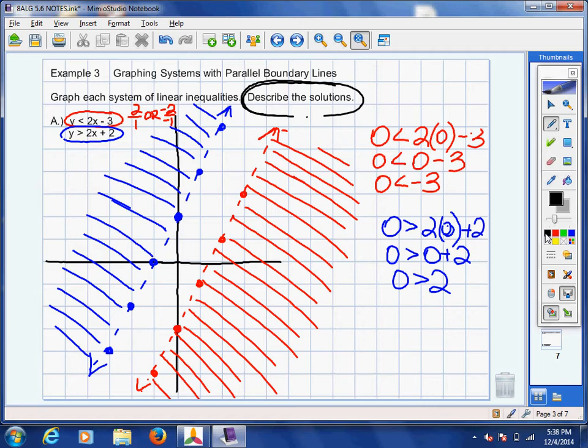Do any of our shaded areas overlap? And the answer is no. Do our lines overlap? No, because they're parallel. So the bottom line here is we're going to describe this as saying this system has no solution.